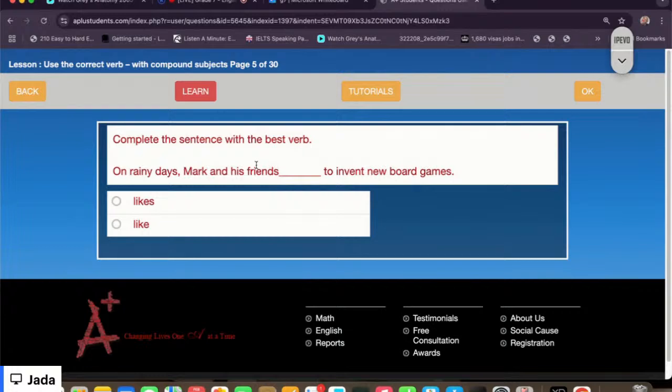What's your right verb over here? So remember that Mac and his friends and is plural, so we will have a plural verb.